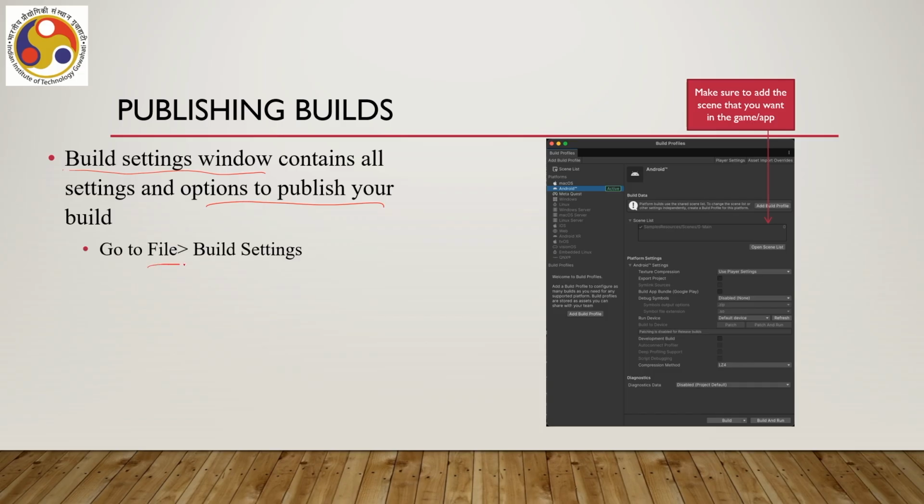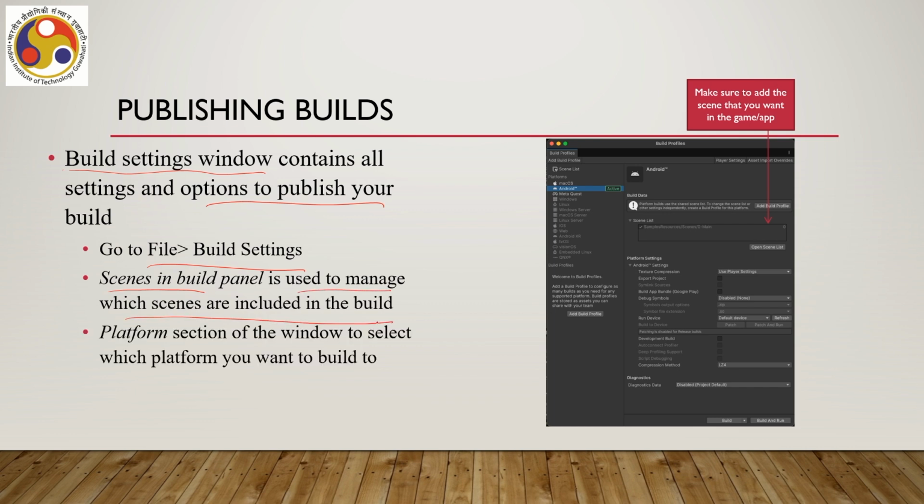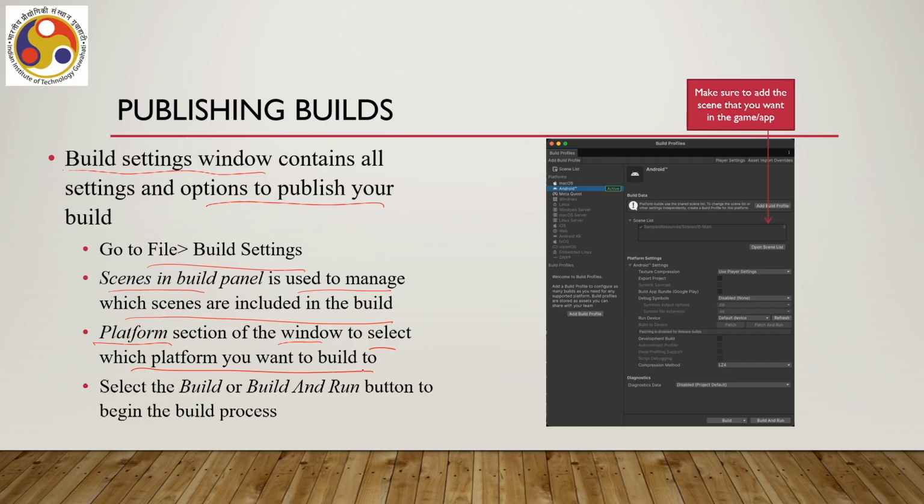You can go to File, Build Settings, then the scenes in build panel is used to manage which scenes are included in the build. The platform section of the window is there to select which platform you want to build to, that means which platform you want to deploy your system. You can select the build or build and run button to begin the build process.